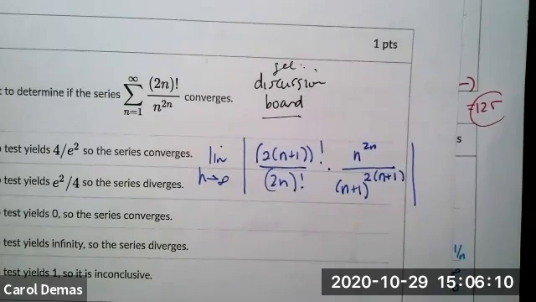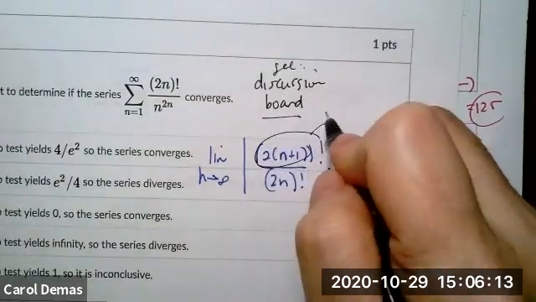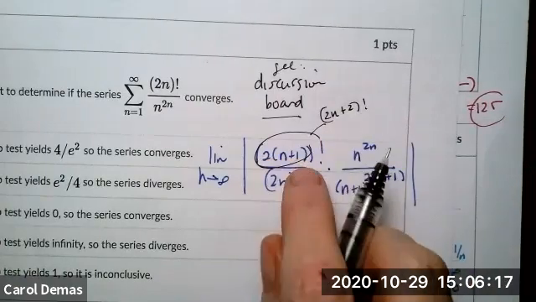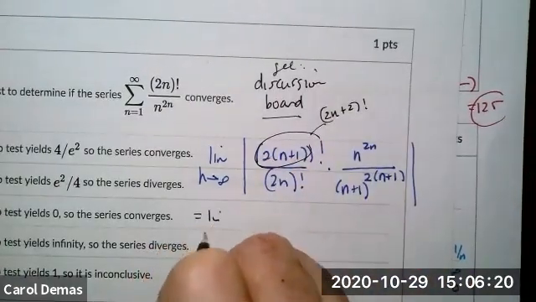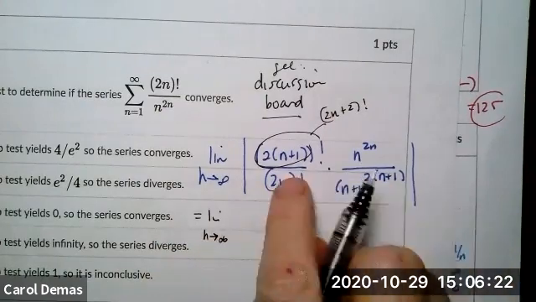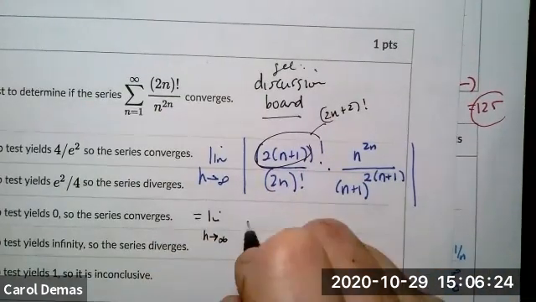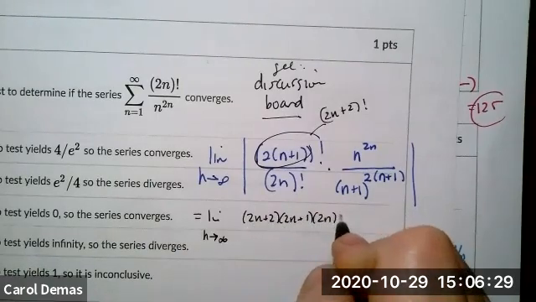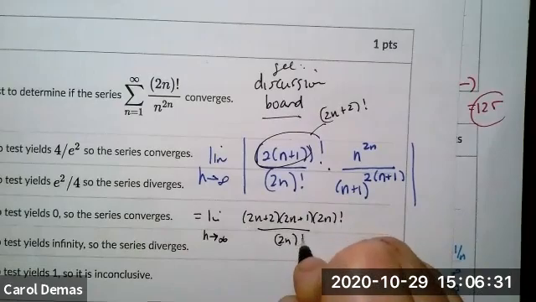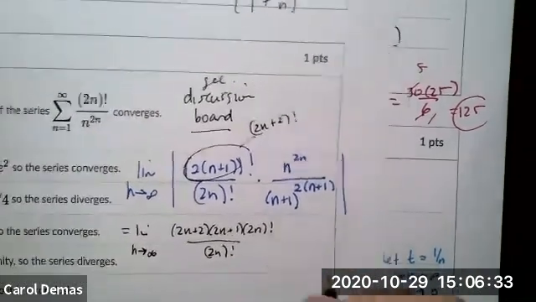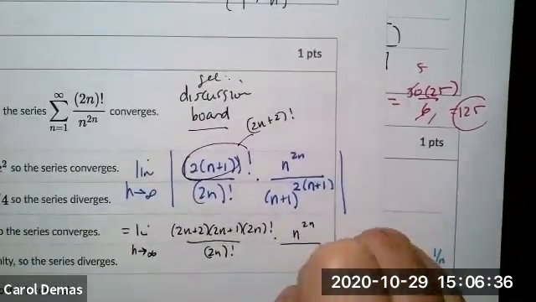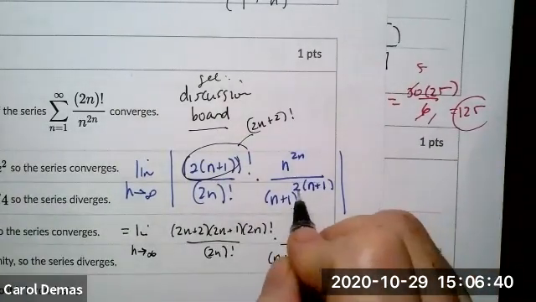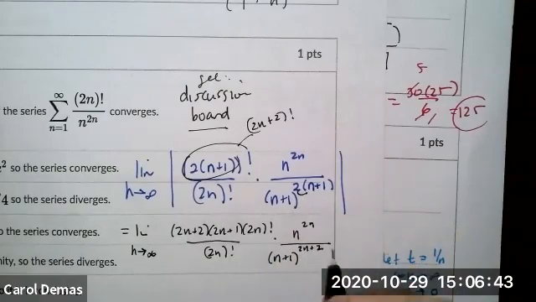Now this quantity is (2n+2)!, if you just distribute the 2. So we'll have the limit as n goes to infinity. Everybody's positive, so I'm going to drop the absolute values. We'll have (2n+2)(2n+1)(2n)! over (2n)!, and then we're going to have n^(2n), and downstairs we have (n+1)^(2n+2), distributing the 2.